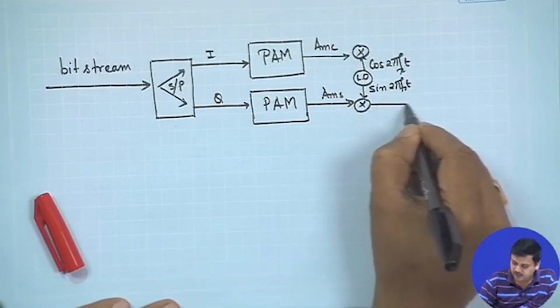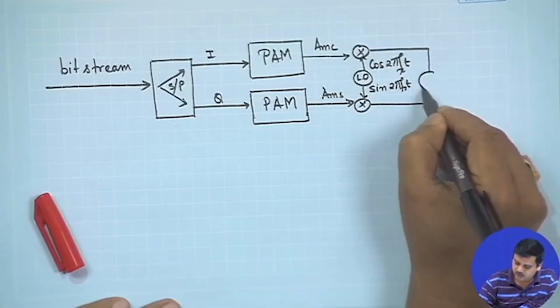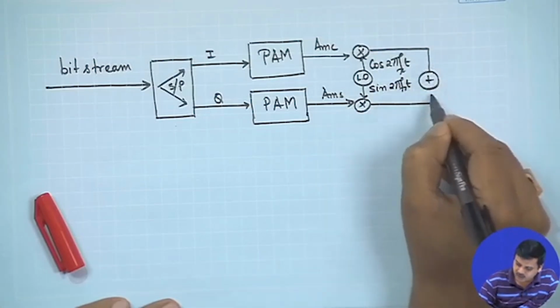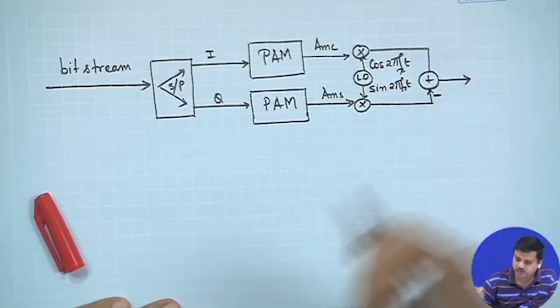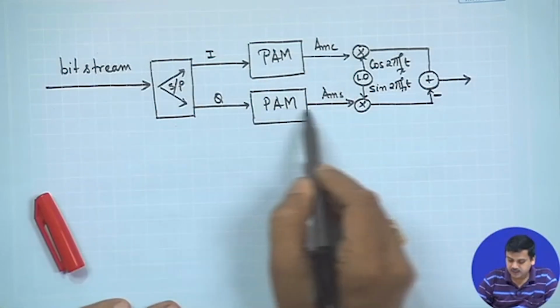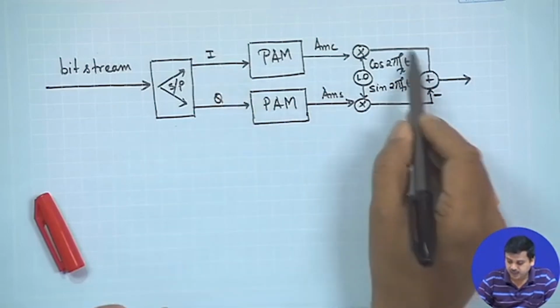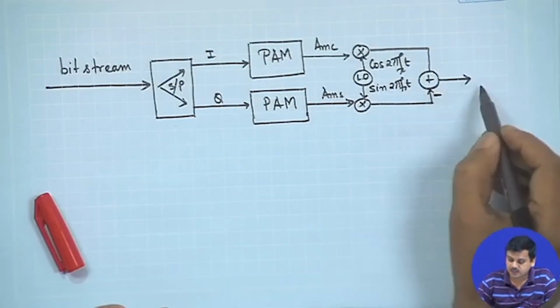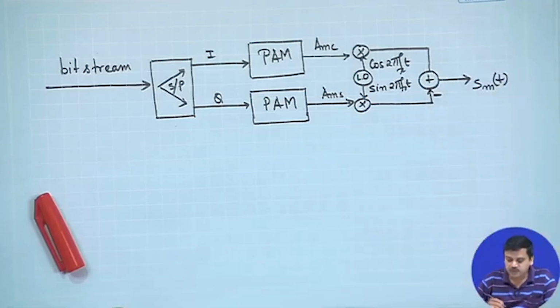There is a multiplier, and then you are going to add this with a negative sign, and then you are going to send it out. That clearly means you have two separate channels, one is the I channel, one is the Q channel, and when you do an operation like this you are going to get S m of t. In this way you can generate a quadrature amplitude modulated signal.